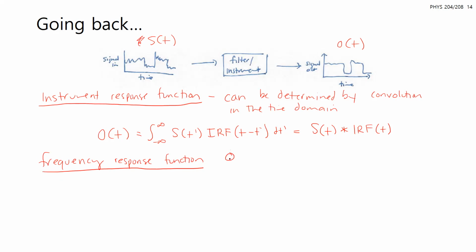Which we'll abbreviate as capital phi here with our omega. I'll write a little subscript IRF. So this is the IRF in the frequency domain. And this is simply going to be the Fourier transform. So getting back to lab 2, in your current work, this is where Fourier transforms are coming into play.